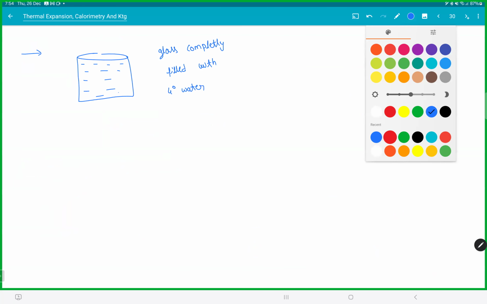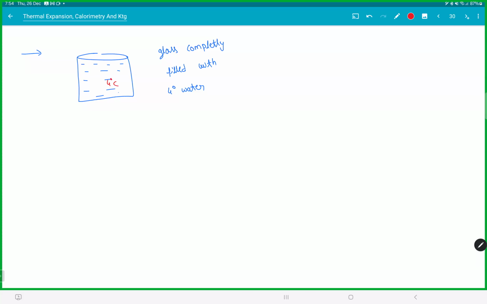Now, if I increase the temperature or decrease the temperature, in which case will the water overflow?